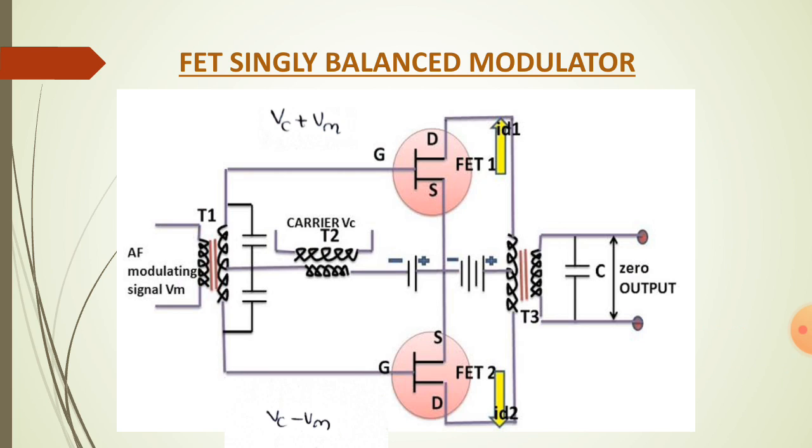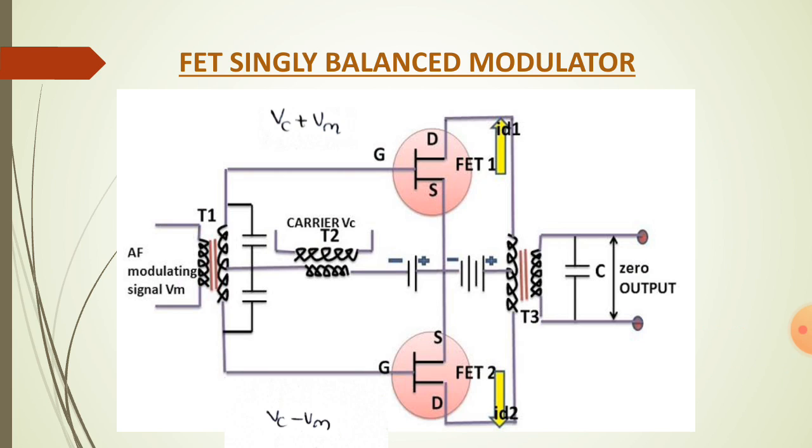The carrier signal is given at the center tap of the secondary of the transformer T1 and also to the center tap of the primary of the transformer T3. So we can say the transformers T1 and T3 are center tapped transformers.